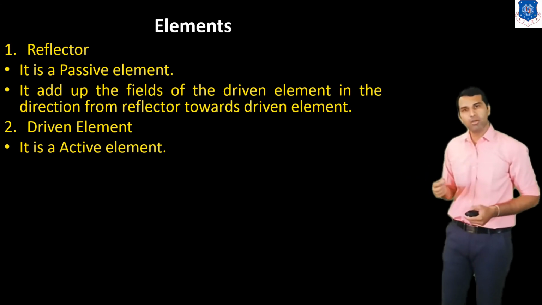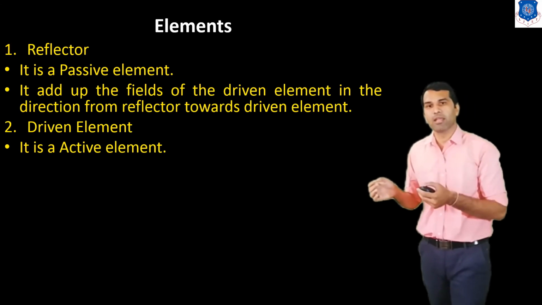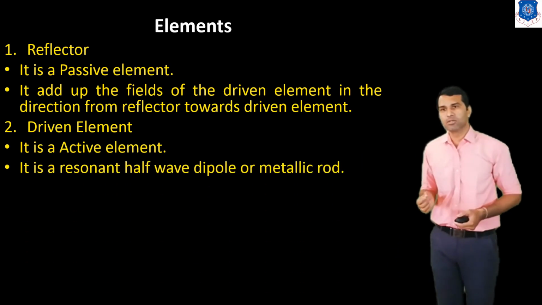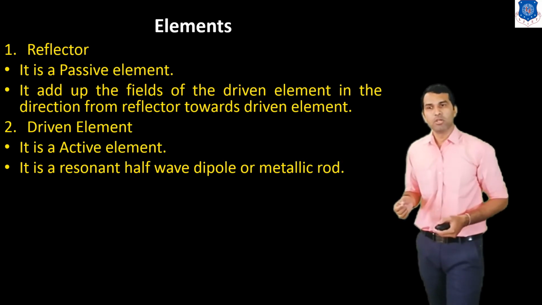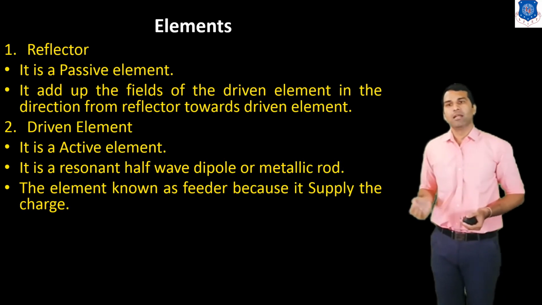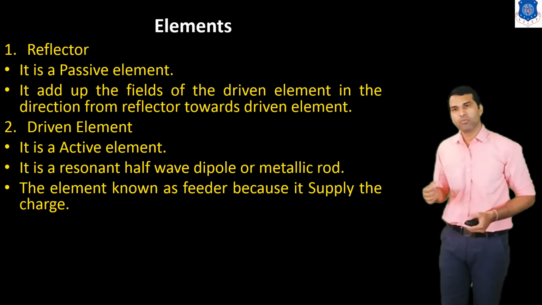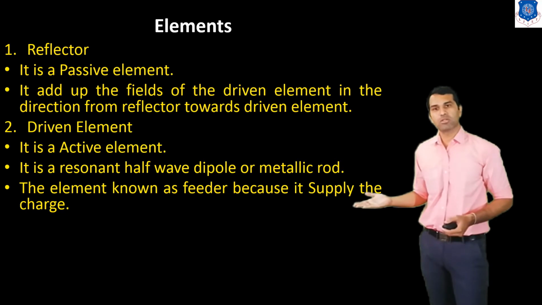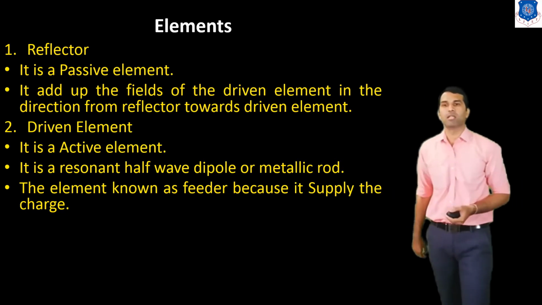It is an active element because here we give the voltage or current supply to this element. It is a resonant half-wave dipole or metallic rod. Generally, we use the folded dipole as a driver element. It is also known as the feeder because it supplies the charge, since we give the supply to this element.